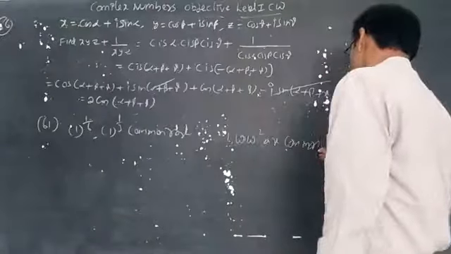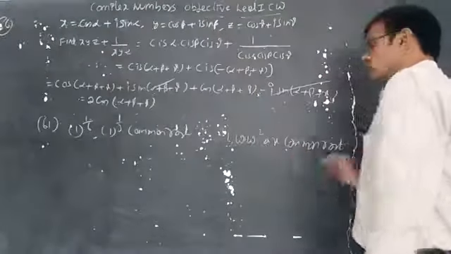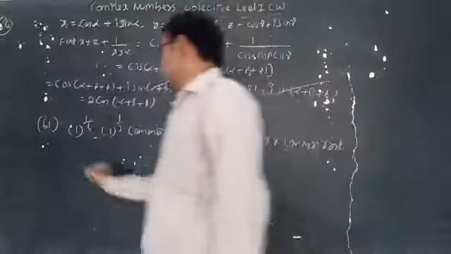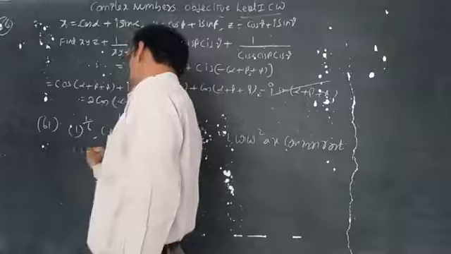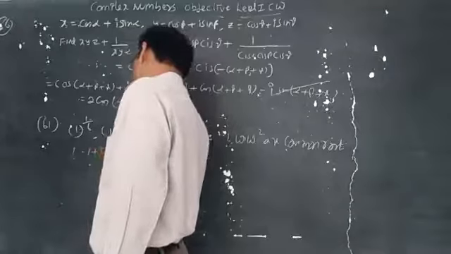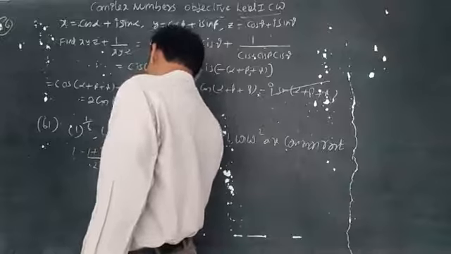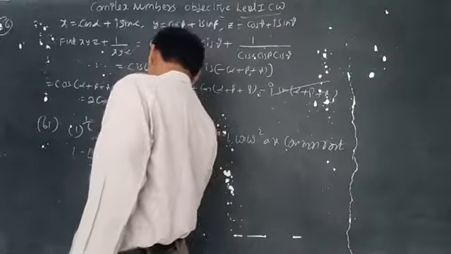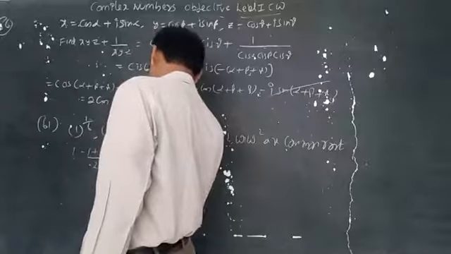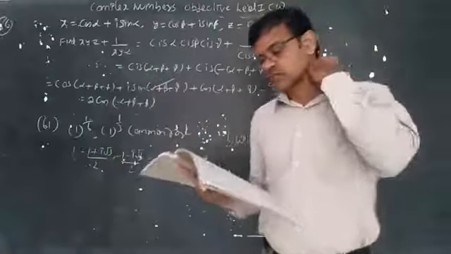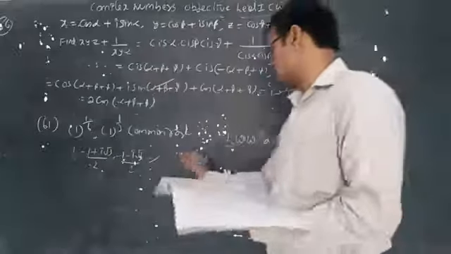Because 1 plus omega plus omega square equal to 0, for 1 power 1 by 3 or 1 power 1 by 6, the values are given directly as 1, comma, omega value is minus 1 plus i root 3 by 2, comma, omega square value minus 1 minus i root 3 by 2. No need to calculate using the cis theta formula, directly write the values. So first option. Now 62nd question.